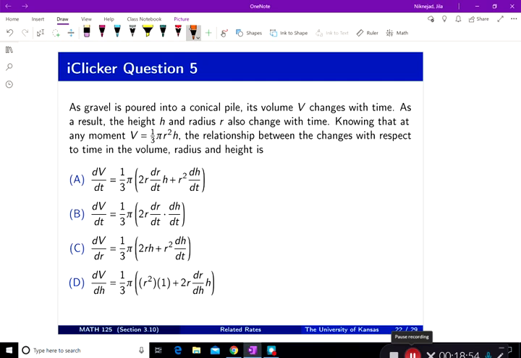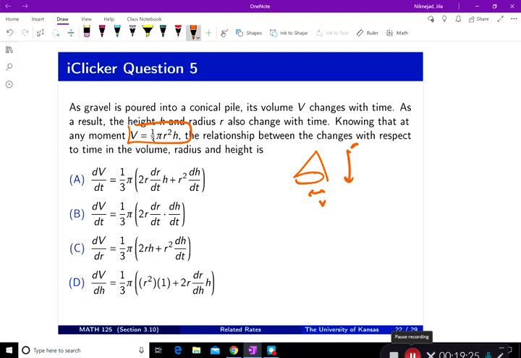As a result, there is a conical pile like this, the height h and the radius r also change with time. Knowing at any moment the volume V is equal to 1/3 pi r squared h. This is the formula, if you remember the volume formula for cones.